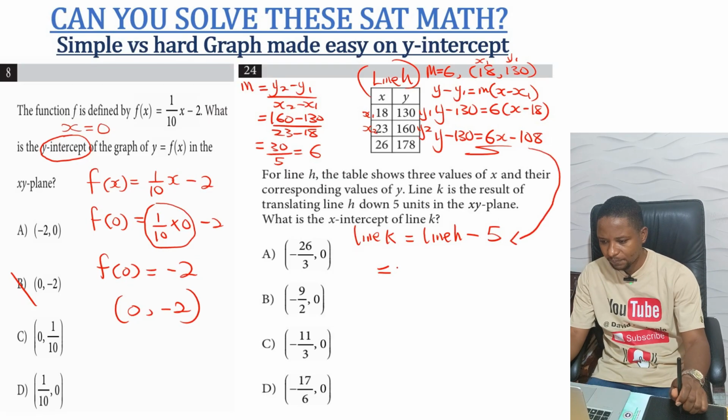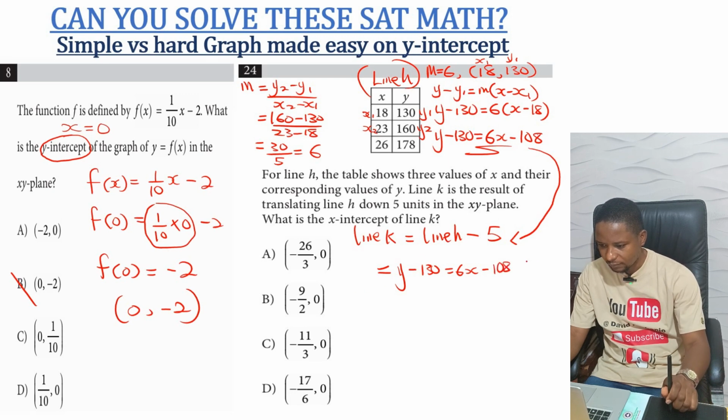So you have y minus 130 equal to 6x minus 108.